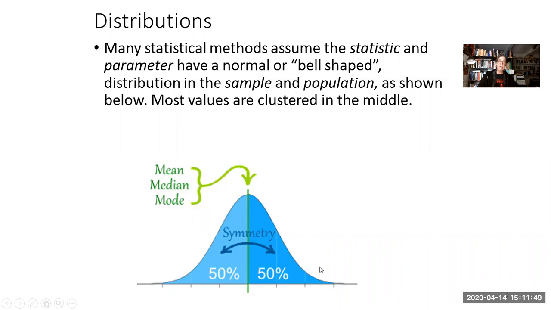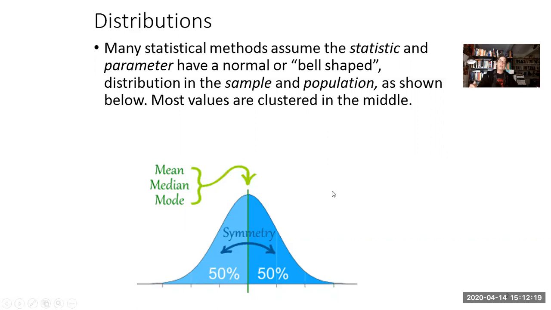If the distribution is a perfectly Gaussian distribution, that bell-shaped curve you may have heard about, it's going to have certain features regarding what we call measures of central tendency: the mean, which is the average, the median, and the mode. These are measures that tell you where the center of the distribution is in some way. If you know how to calculate an average, you know what the mean is.